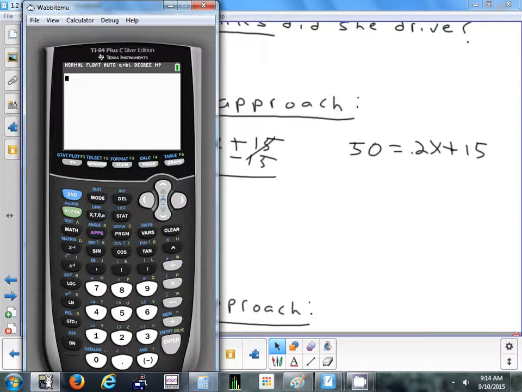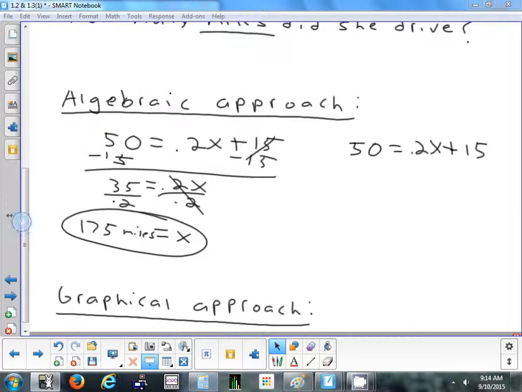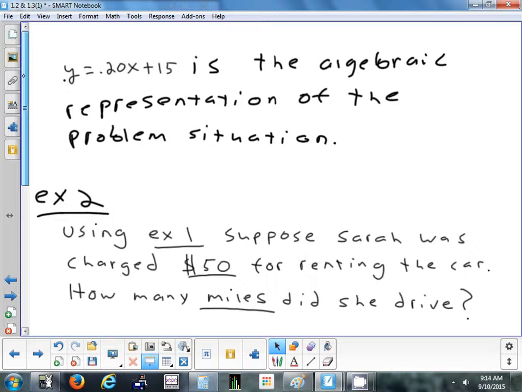Okay, and I want you to press the button in the upper left that says y equals. Okay, if there's anything already typed in there, just get rid of it. Okay, now on y1, what I want you to do is type in this equation. Y equals 0.2x plus 15.